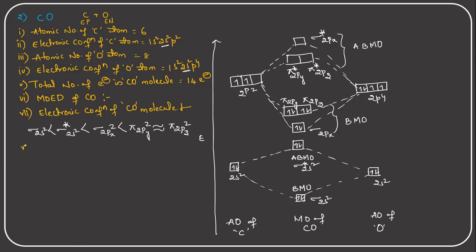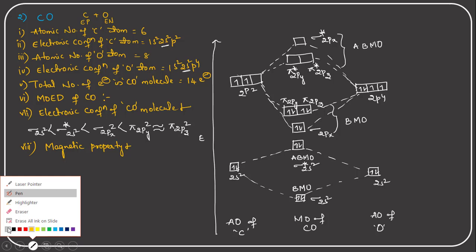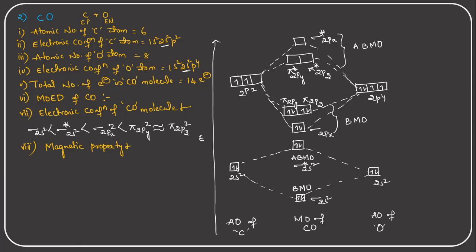And the eighth point, so we now know the electronic configuration. So what will be the magnetic behavior, the magnetic property of this particular compound, carbon monoxide? Magnetic property or magnetic behavior, whatever you may write. So is there any unpaired electron present?